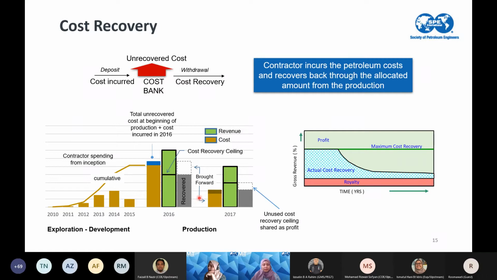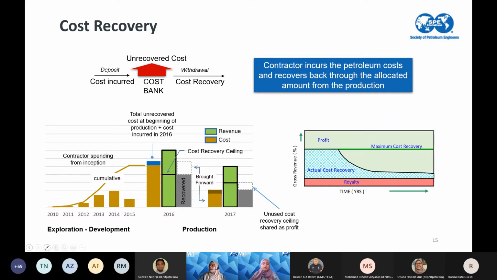For example, let's give a stylized example here. In the beginning of the decade, you would just be spending money and collecting costs, right? So this yellow line or brown line is essentially cumulative costs. You've built up your costs over time because you spent money on exploration, development, etc. Then in 2016, in this example, you have revenue.